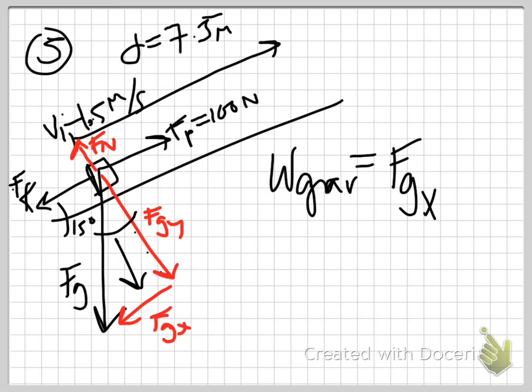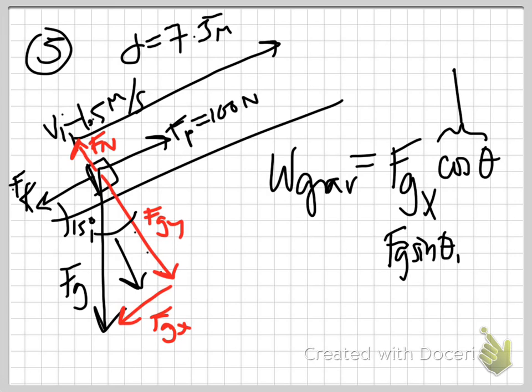So in this case, it's force of gravity on the x, which is going to be Fg sine theta 1, we'll call it, this being theta 1, times the cosine of theta, where this is theta between Fgx and the distance. So what direction is Fgx working on this crate? Down the ramp.